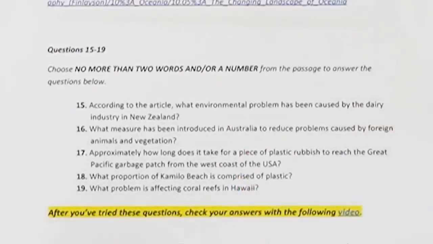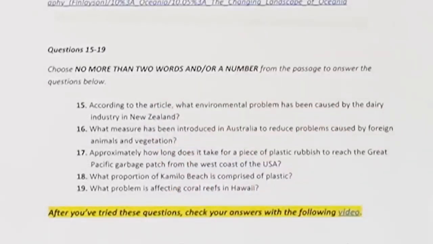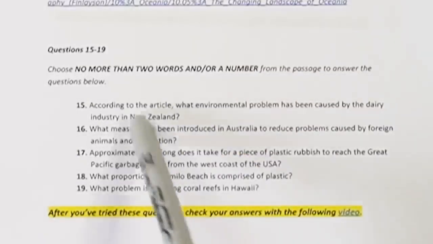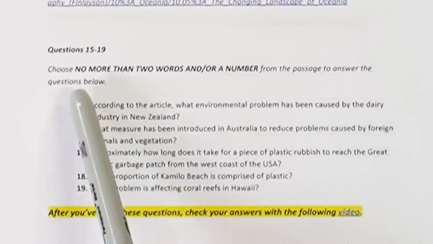So these are short answer questions. These are the questions that you would get in school when you were a kid. So they're just asking for direct answers to these questions. But very importantly, you need to check how many words, because the answer to these questions is quite open-ended. So this is one of the most important questions for reading, how many words, numbers they want you to put in here.